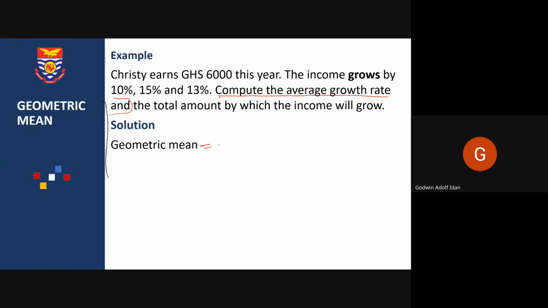And here we said that the formula is the nth root of 1 plus the first rate, multiplying 1 plus the second rate. Because the rates are 3, you do 1 plus the third rate, everything minus 1.